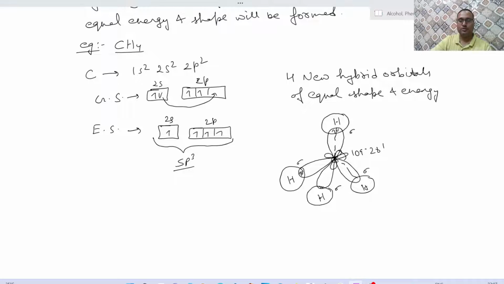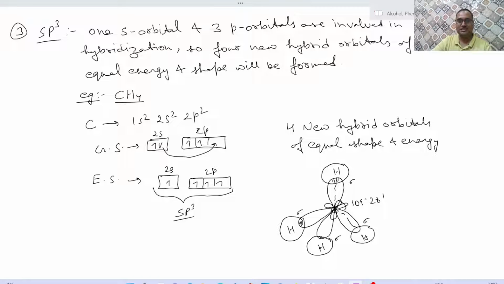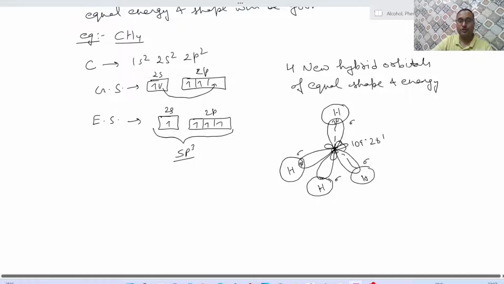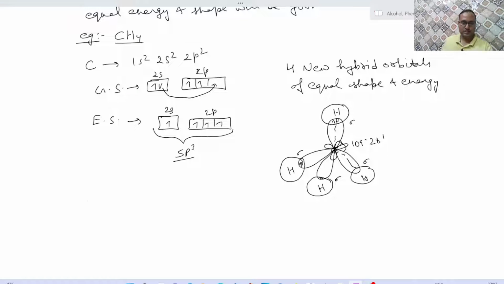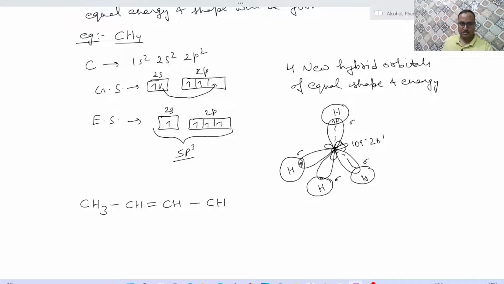One more tip for the students who are watching this video is that in any carbon compound you can directly predict the type of hybridization that carbon is undergoing, by counting the number of sigma bonds formed by that carbon atom. For example, we have a molecule CH3, CH double bond CH, and CH3.